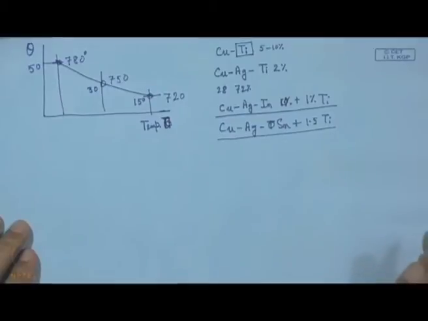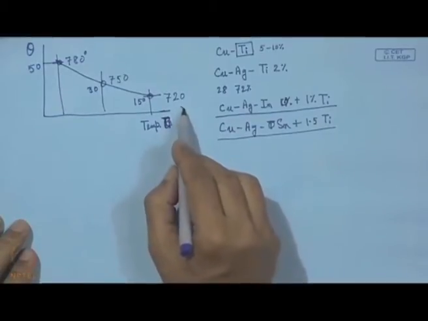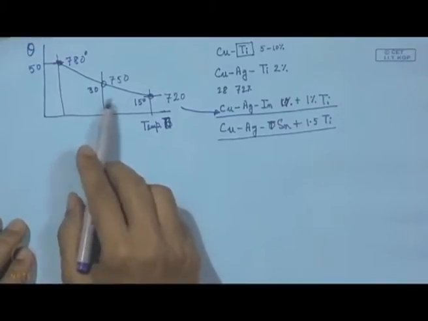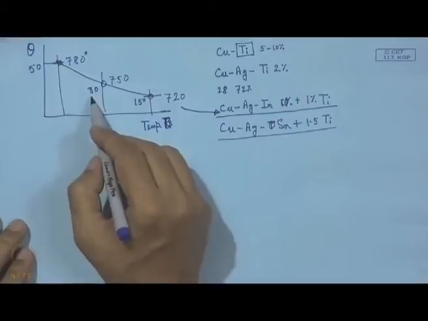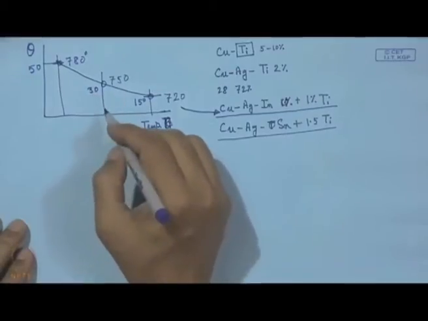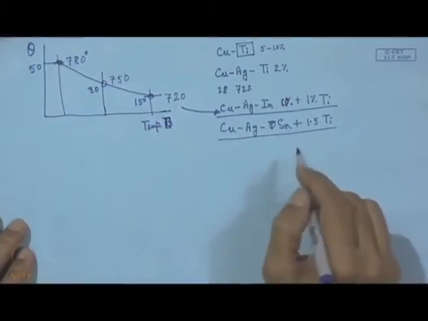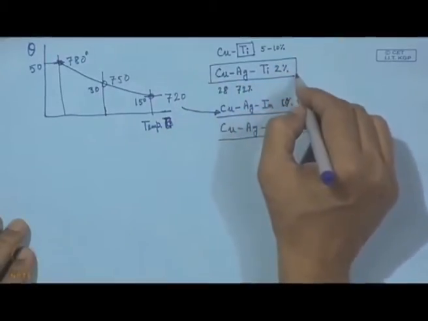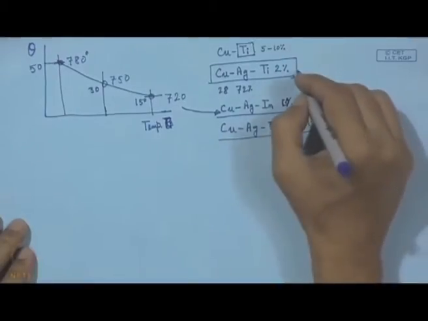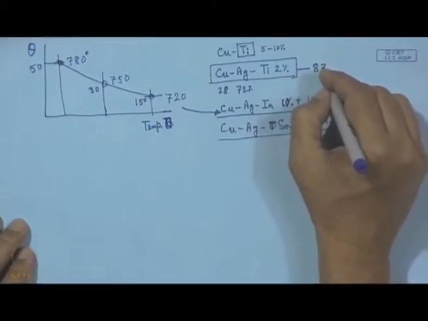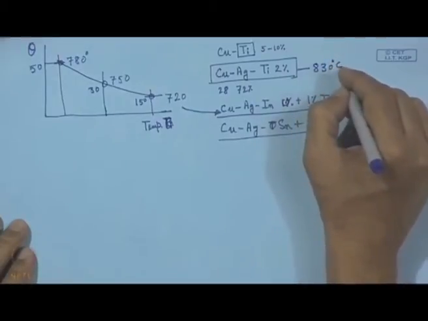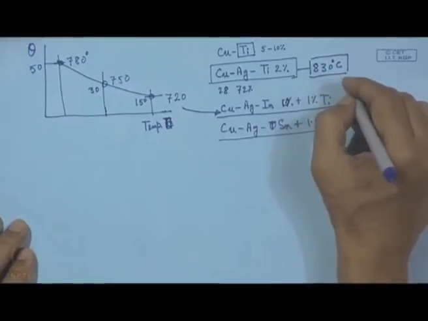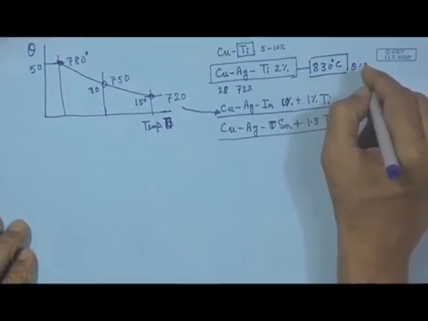This is just an illustration, and this can go pretty well with this alloy. Now, to get a value of 30 degrees with the other alloy, one has to go as high as 830 degrees to get a wetting angle of around 30 degrees.